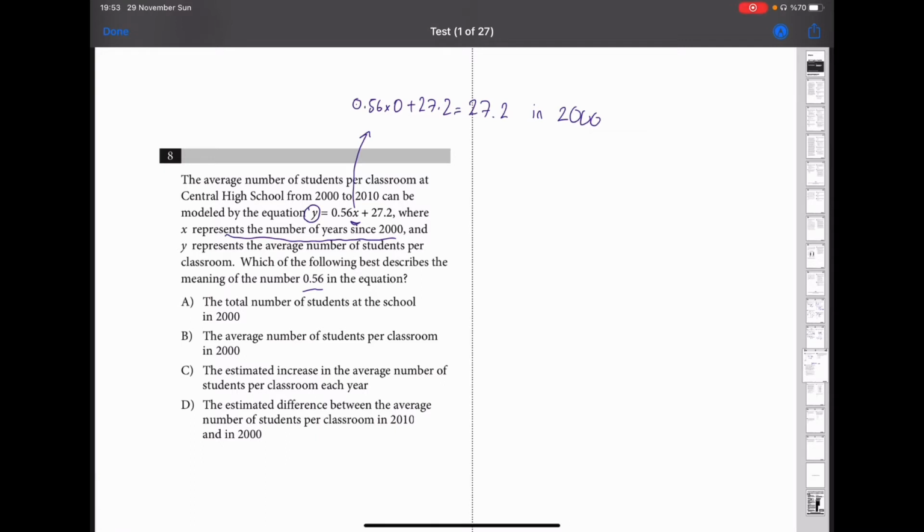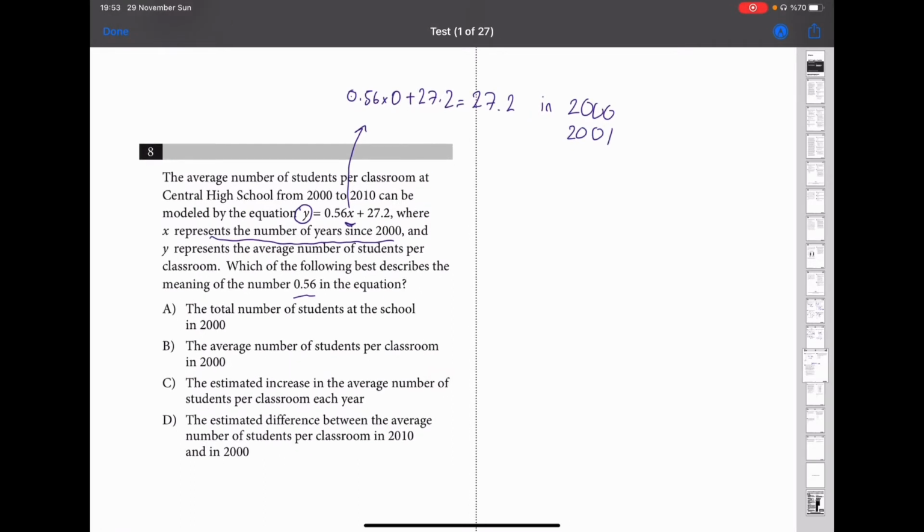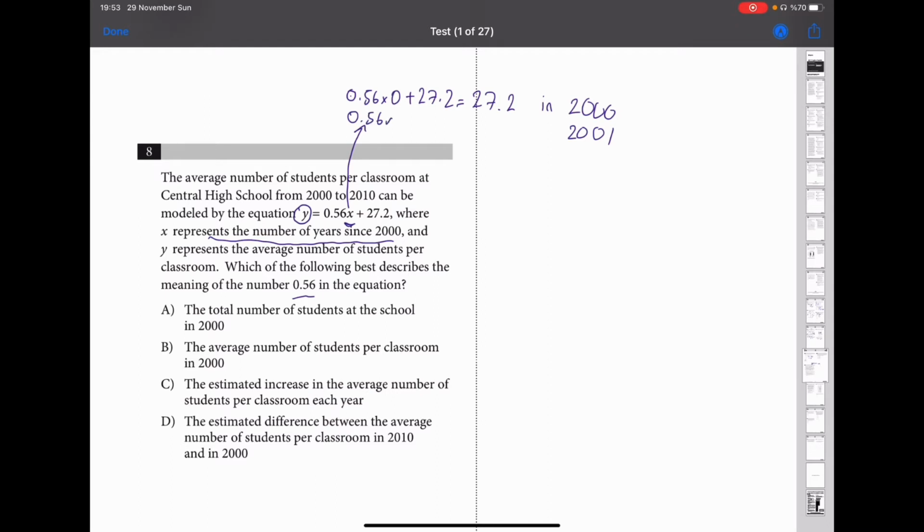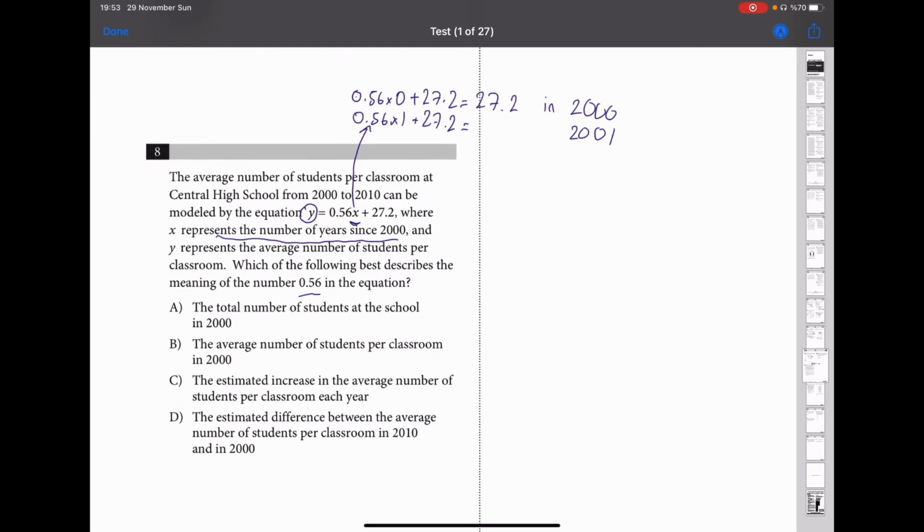Let's check 2001. It is 0.56 times 1 plus 27.2 equals, let's find it, 27.76, right? So the number 0.56 represents the increasing trend in average number of students per classroom, right?